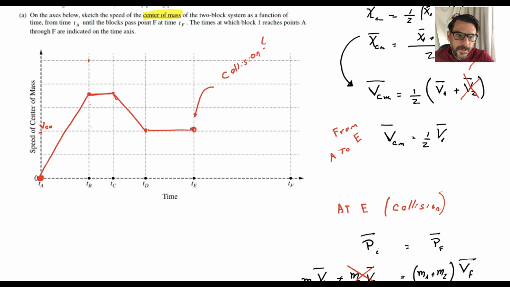That implies that the speed of the center of mass of the system is not changed during the collision, and will remain the same. So there is no visible effect in this graph. Bear in mind that this is a graph for the center of mass, and the speed of the center of mass is not affected by a collision. A collision might affect the velocity of the first object, might affect the velocity of the second object, but not the velocity of the center of mass.